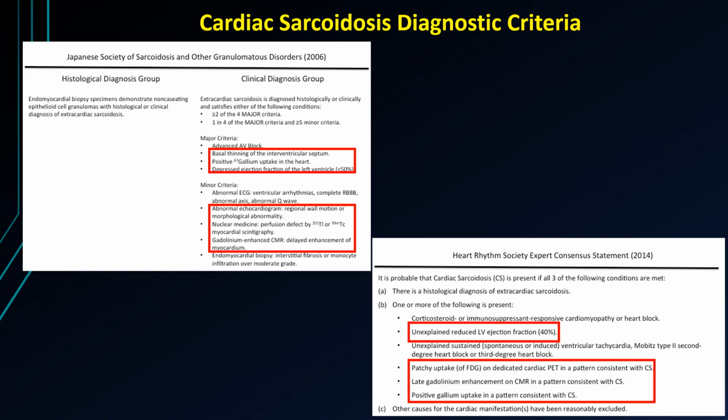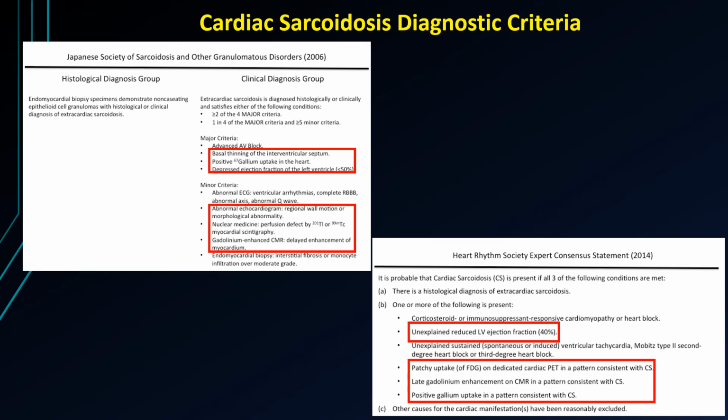For example, in the Japanese society, you can see the use of gallium-67 is approved, or even technetium labeled myocardial scintigraphy or thallium myocardial scintigraphy is approved, and likewise FDG can be used.